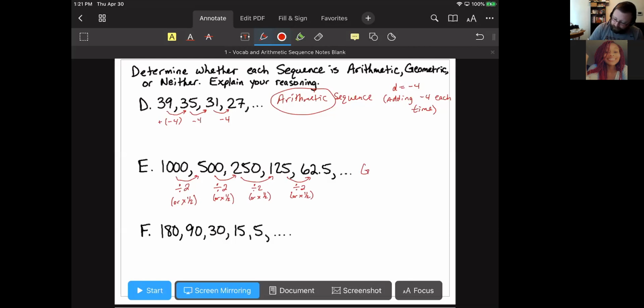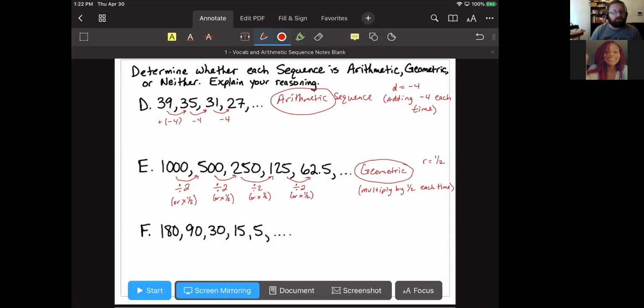So that would be a geometric sequence because we have an R value of 1/2. We're multiplying by 1/2 each time. You could also say dividing by 2 to explain your reasoning. That'd be perfectly acceptable. Okay, but keep in mind that the R value will be what you have to multiply by. So it will be a fraction. If there's a division pattern, then R will be a fraction.